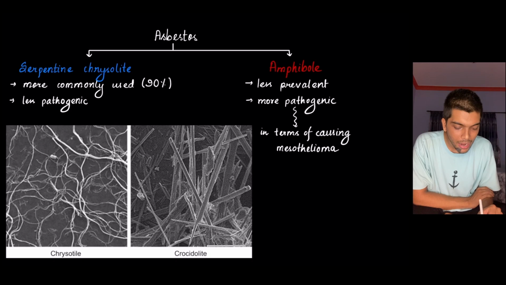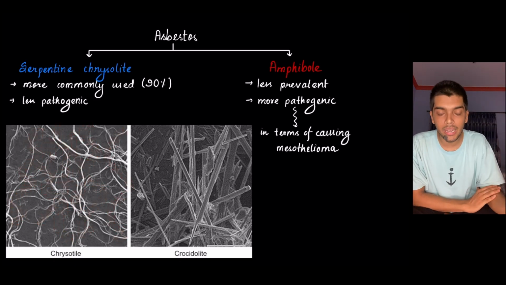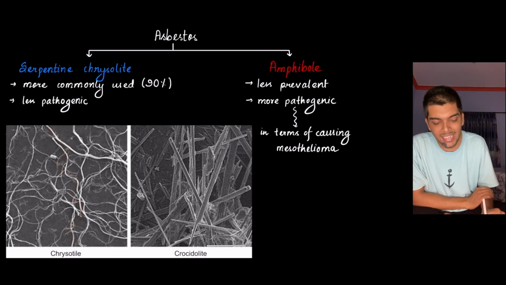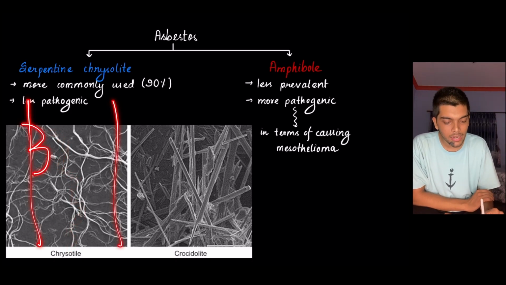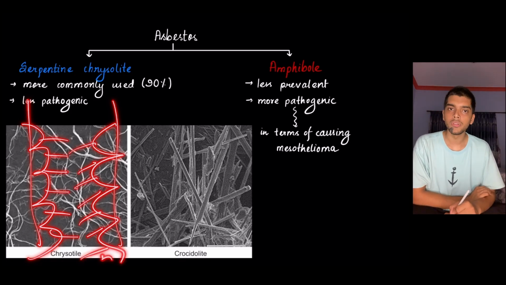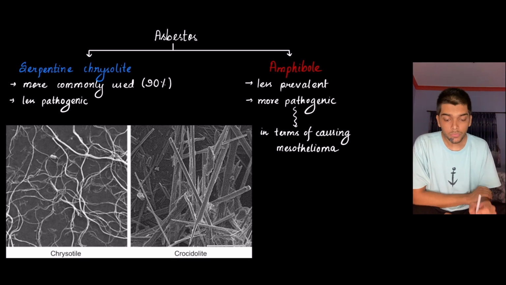Chrysotile is snake-like in structure, whirly, coiled, wavy, so-called serpentine chrysotile. Since it is snake-like and wavy, it is easily trapped in the mucociliary apparatus, the mucus and cilia of the respiratory tract. So it does not enter the lung and lung reaction does not take place.